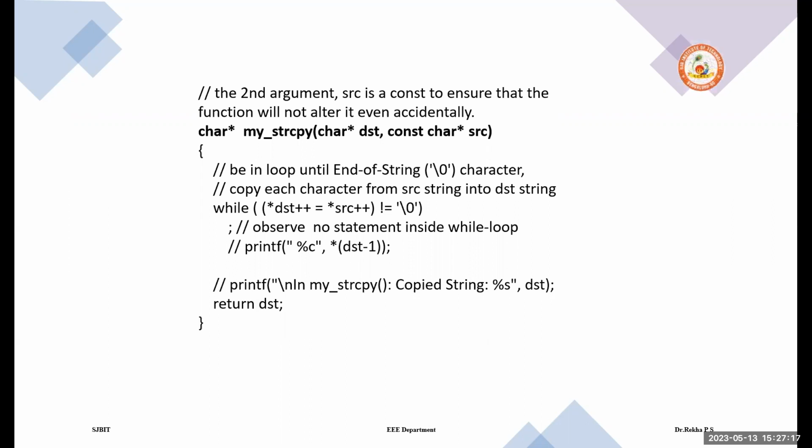Now, here I am telling you how to write a function to copy a string from source to destination. You can see there are two arguments, one is source and the other one is destination. Here the source argument is made constant, whereas the destination is not made constant.